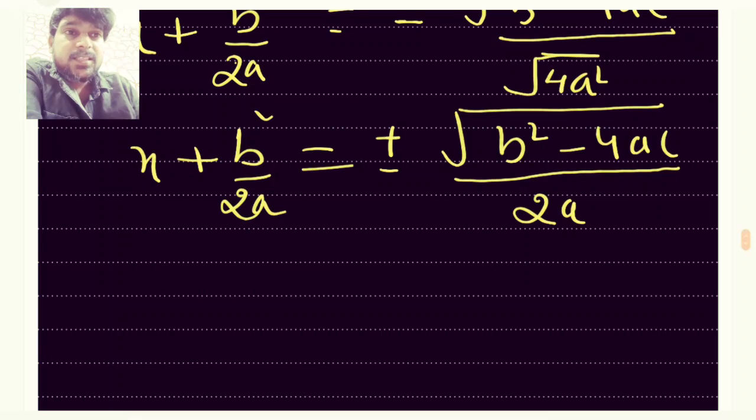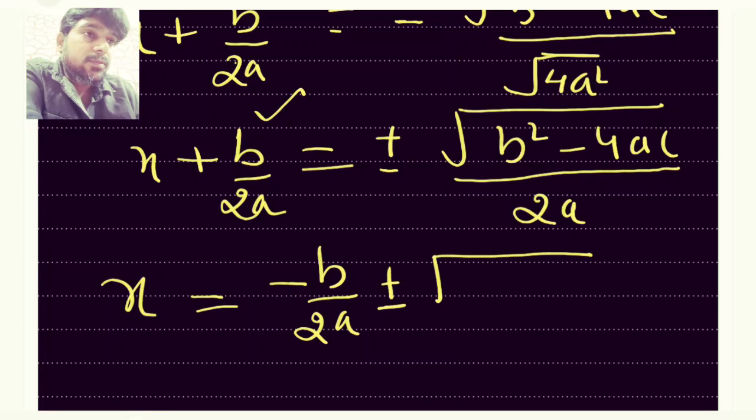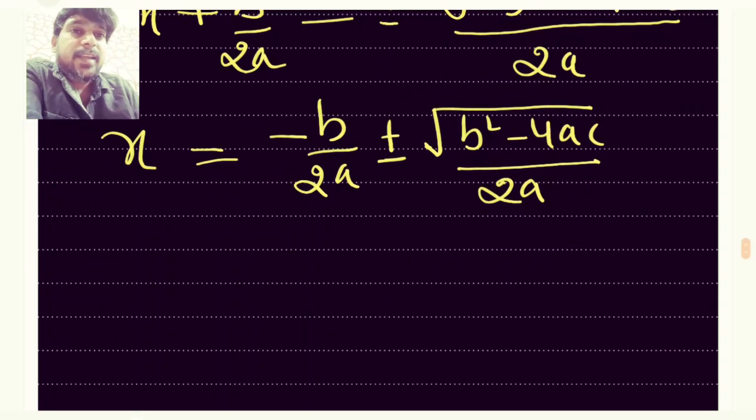Now let's further solve it. So let's take this b upon 2a that side, so it becomes x is equal to minus b upon 2a plus minus square root of b square minus 4ac upon 2a. Now let's take the LCM again.